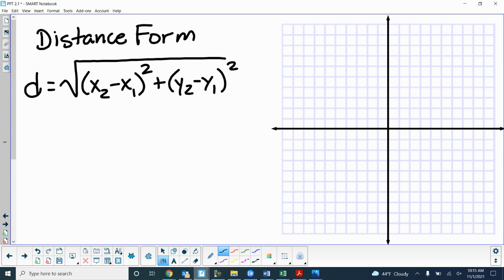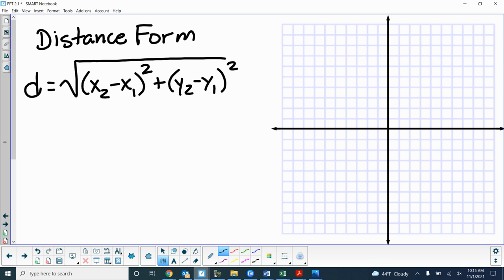So the 2 and the 1s, those are called subscripts. We're going to have 2 points. So the x2, y2 represents the second point. The x1, y1 represents the first point. And it really doesn't matter which one you make first and which one you make second.